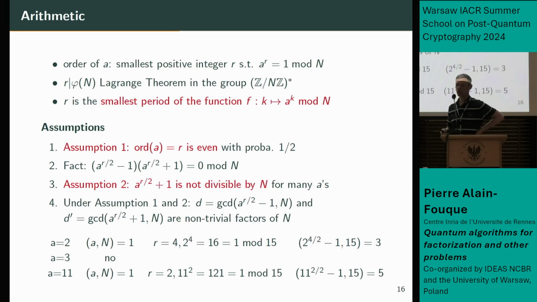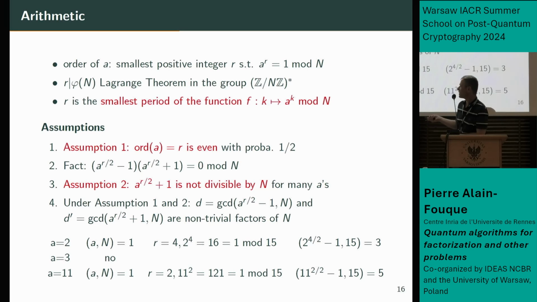Okay? So you can also do the same if I replace the minus with a plus, and I will get 2 to the 2 plus 1, so it will be 4 plus 1, it will be 5, and the GCD of 5 and 15 will be 5. Okay?